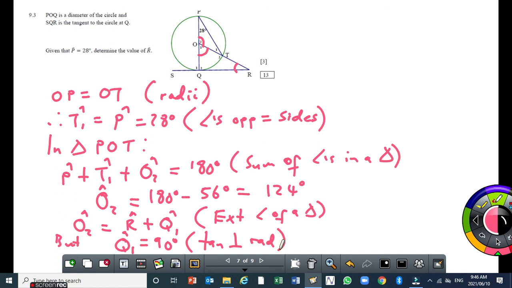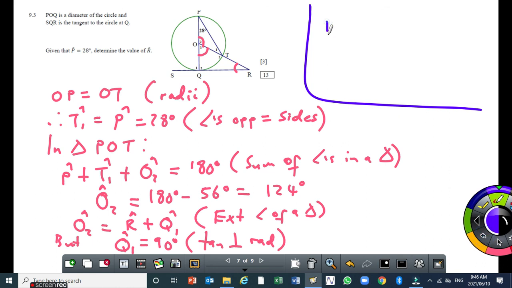You cannot just substitute Q1 is 90 without stating why. Now I can substitute, because I've already written that down. Angle R will be equal to O2, which is 124 minus 90 degrees, so angle R is 34 degrees.